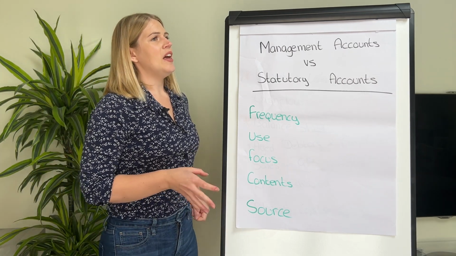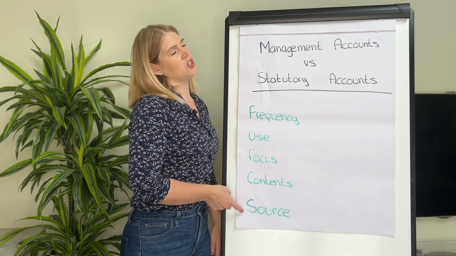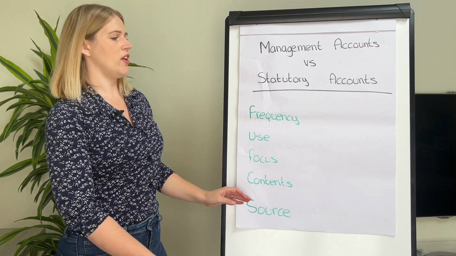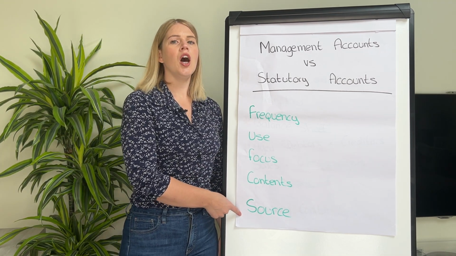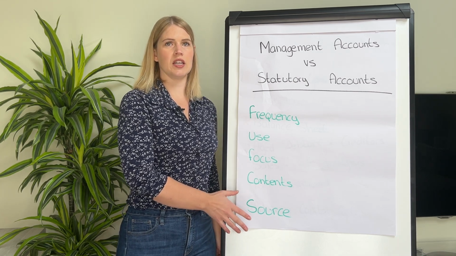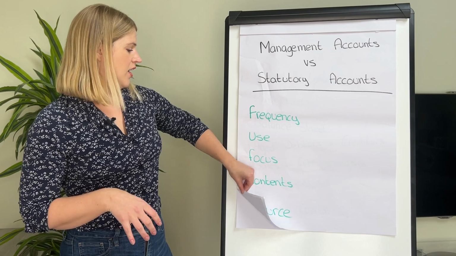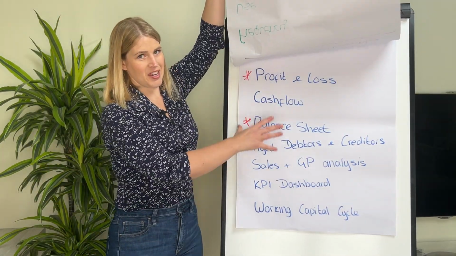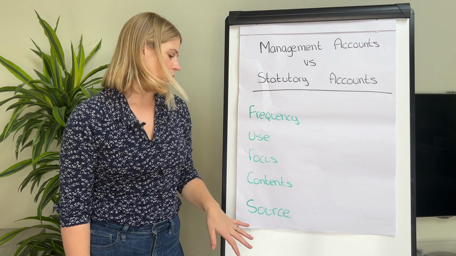So now that you know the key differences, the reason why I've left this one to the end is source, and that is where you get this information from. And this is probably one of the most critical mistakes that I see a lot of small businesses make, which means they cannot get value out of this information, and or they can't even get this information out of their system, okay?